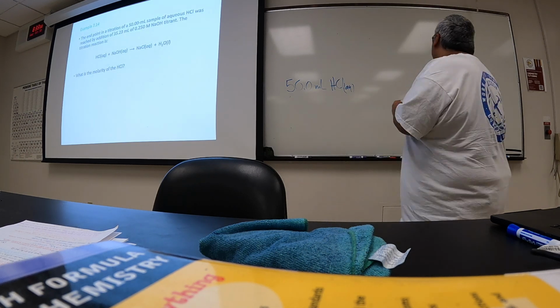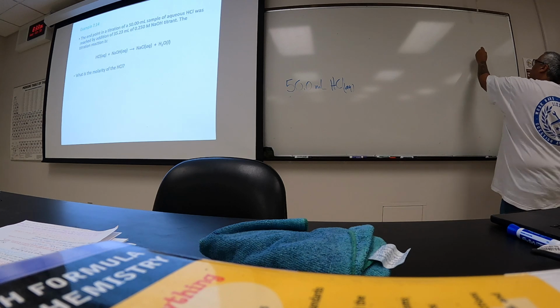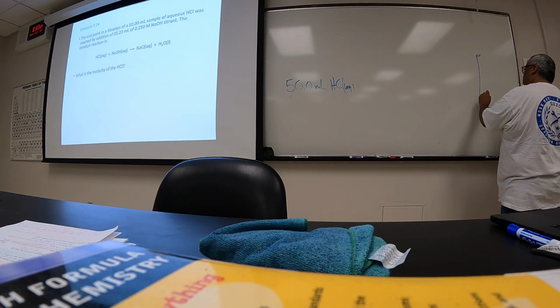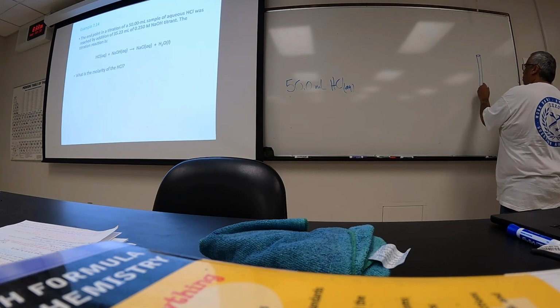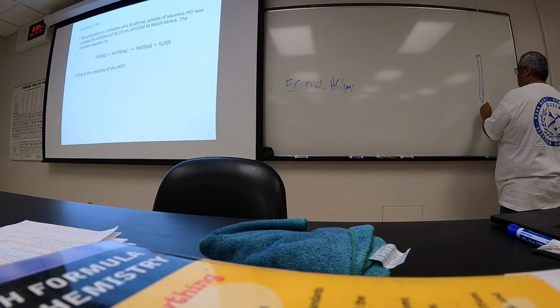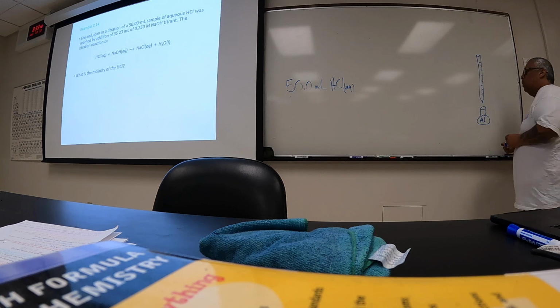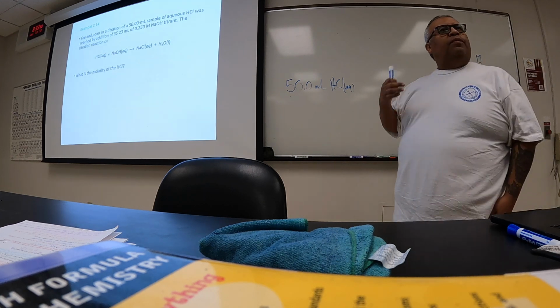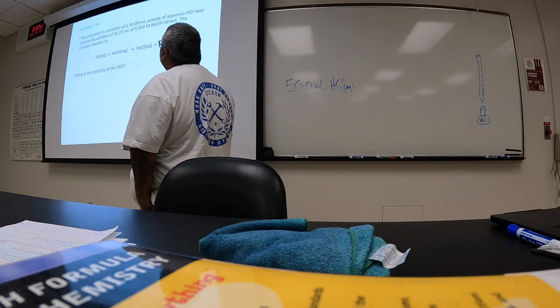So this is how much, if we're doing our titration, right, 50 mils of hydrochloric acid.